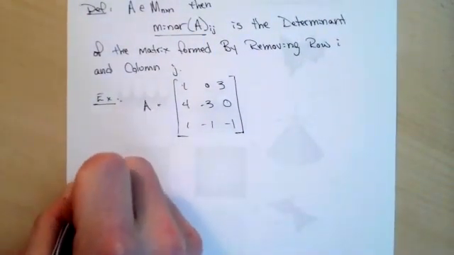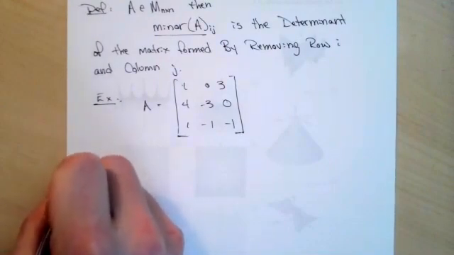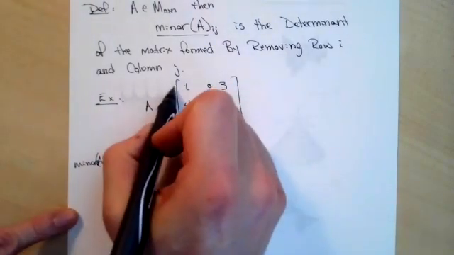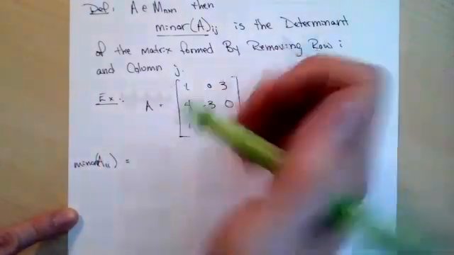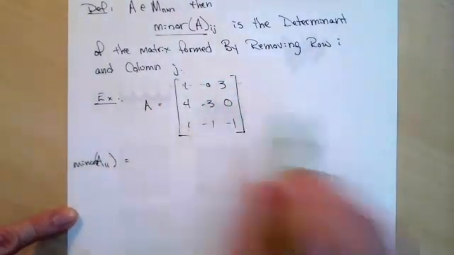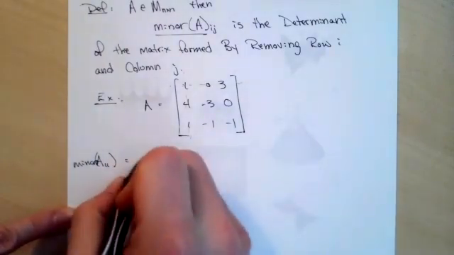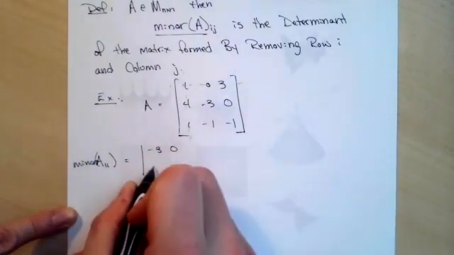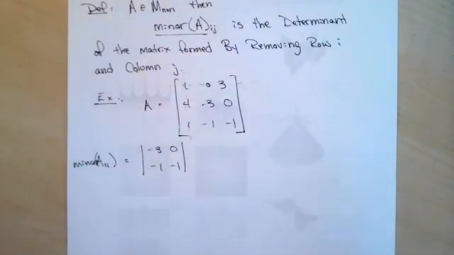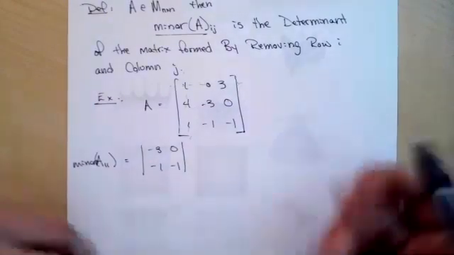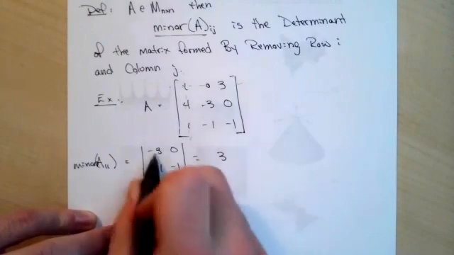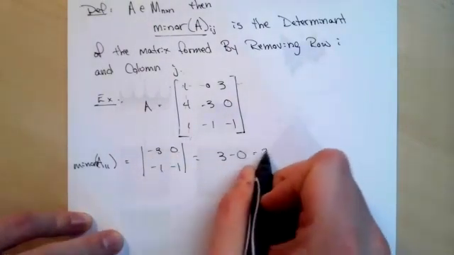Then our A11 minor, what we do is eliminate row 1, eliminate column 1, and then the matrix that's left is often described as the minor matrix or the 1-1 minor. And then if we need to take a determinant, now we know how to take a determinant. So we're going to have 3 minus 0 equals 3.